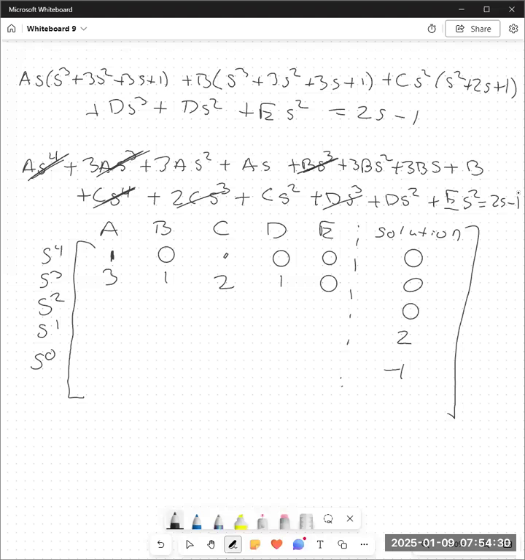All those are zeros. For the s squareds, I have 3a s squared, 3b s squared, 1c s squared, 1d s squared, 1e s squared.